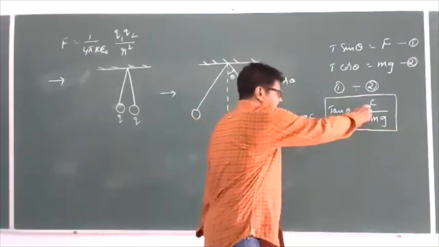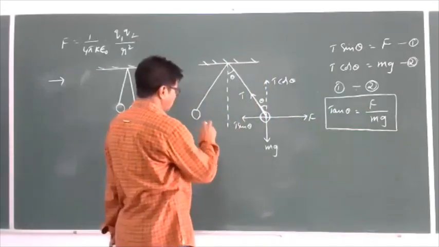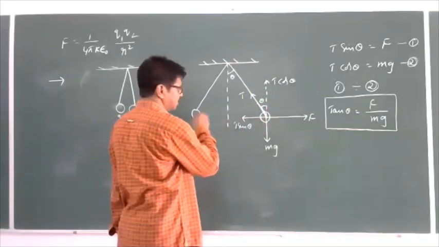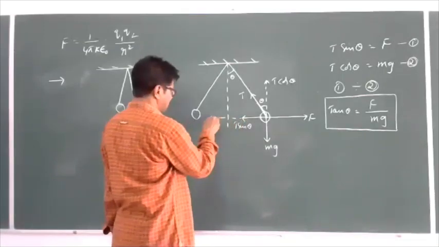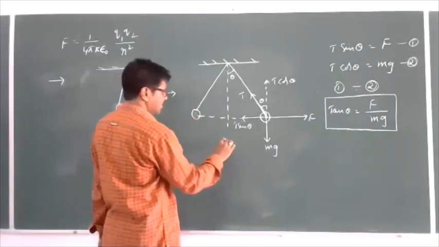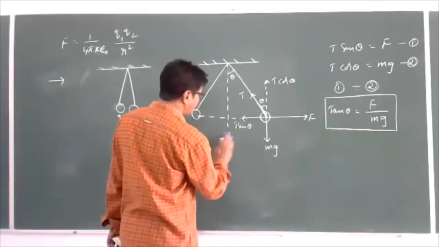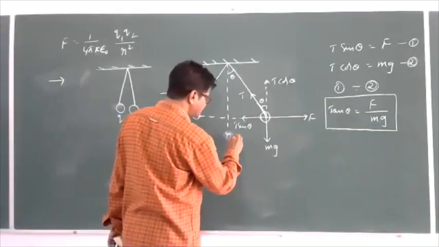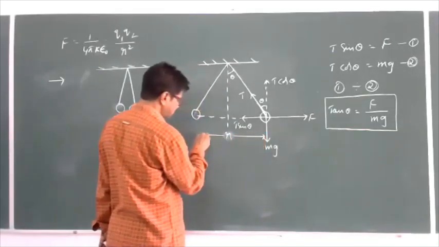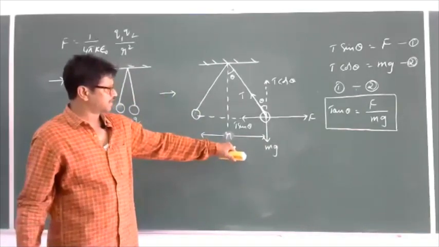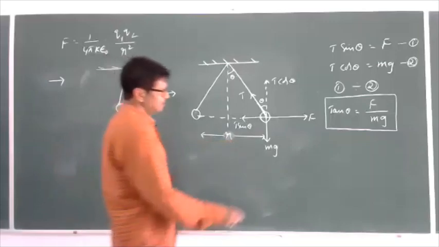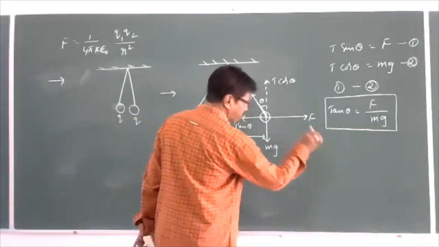What is F here? F is the force of repulsion between these two charges. If these two charges are separated by a distance r, then what is the formula to find F?